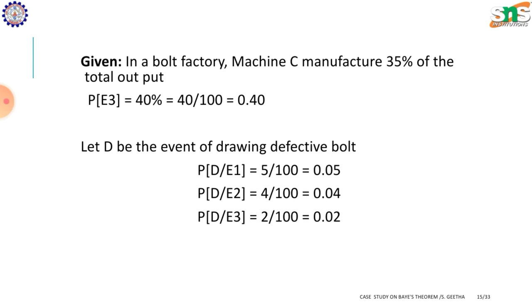Next, probability of drawing a defective bolt from machine B, that is P of D given E2, is equal to 4 by 100, equal to 0.04. Next, probability of drawing a defective bolt from machine C is equal to P of D given E3, that is equal to 2 by 100, which is equal to 0.02.